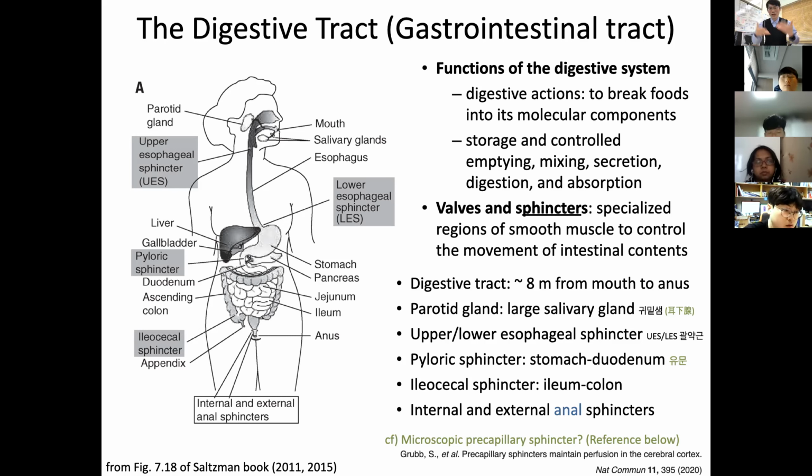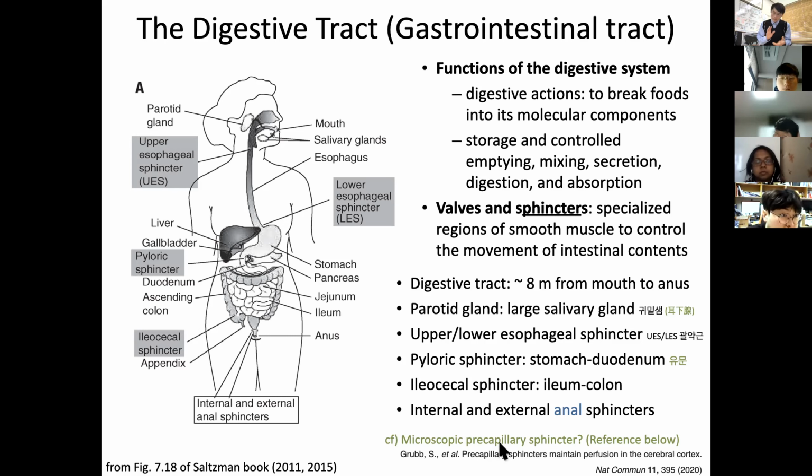It's actually down to the capillary level. So it's natural for physiologists and neurophysiologists to ask what is controlling our flow down there. That's the microscopic capillary. The question is, do we have a sphincter over there? And the answer is yes.